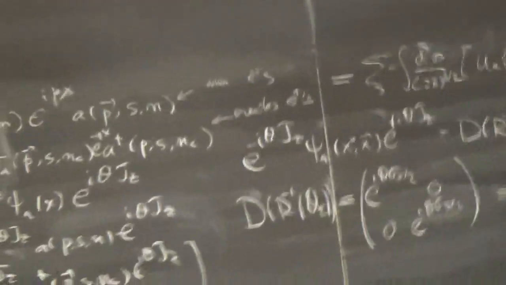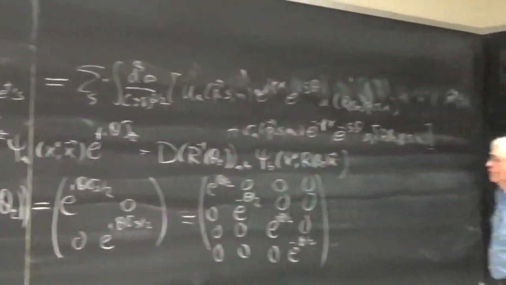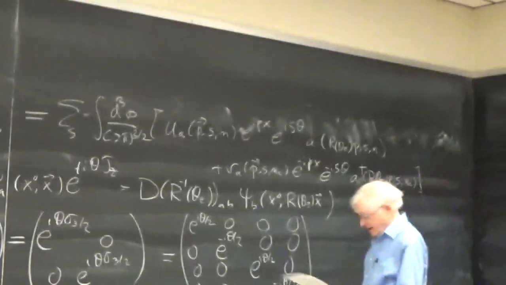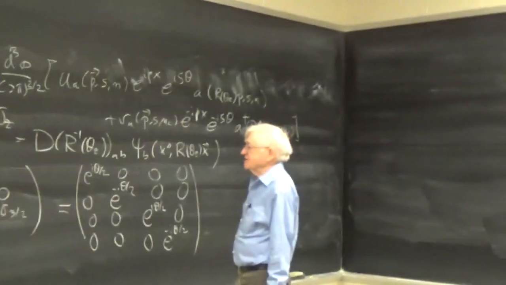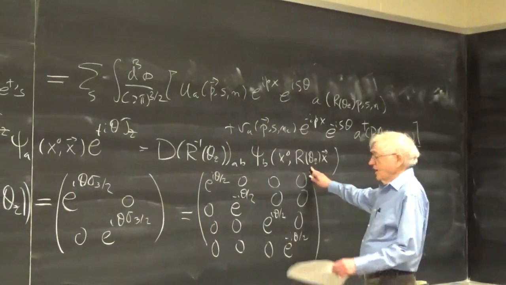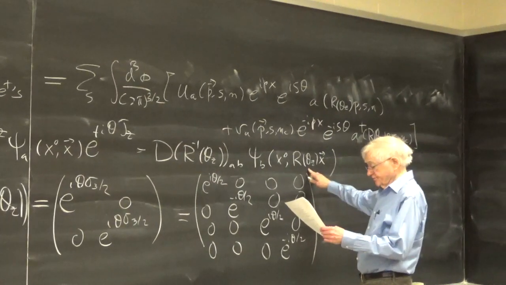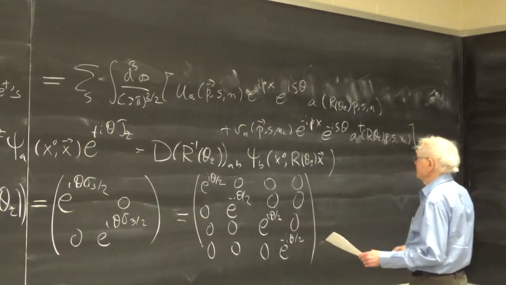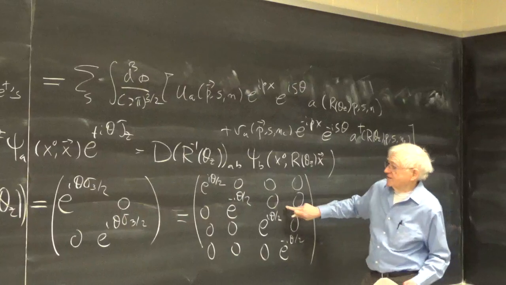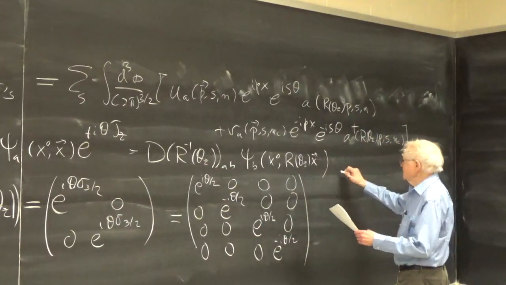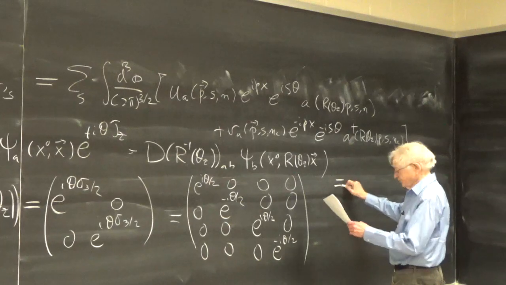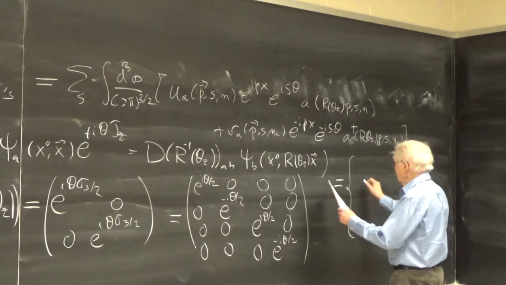There's just a lot of details. Okay, so once again, if we're talking about rotations about the z-axis, then what does this turn into? Since this 4x4 matrix is diagonal, this thing turns into the following.